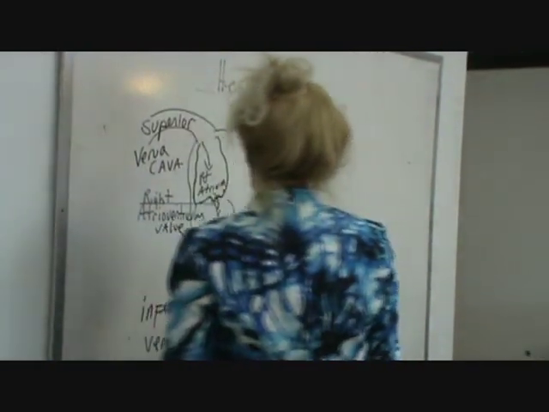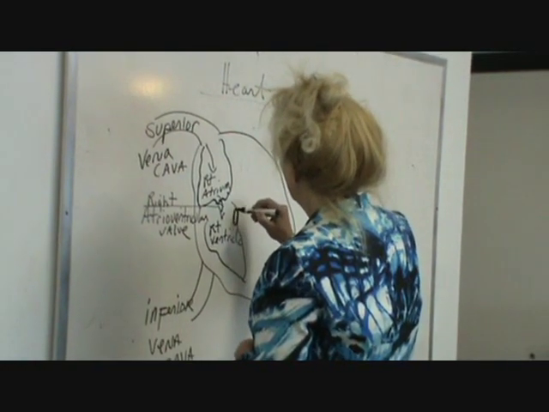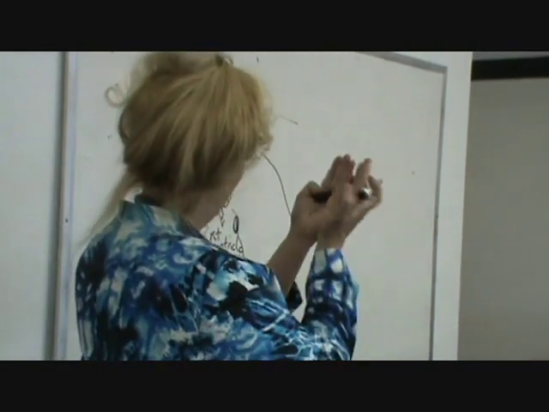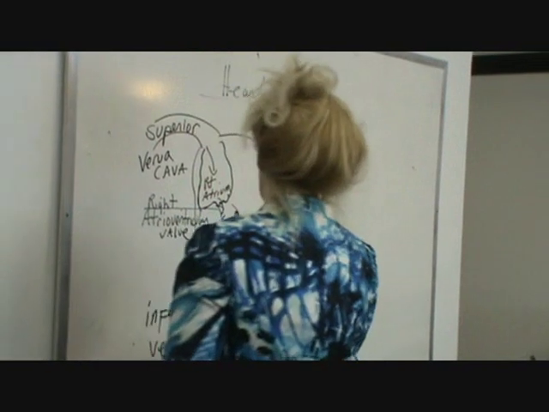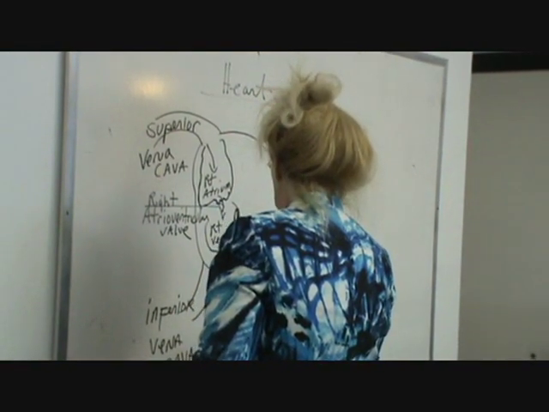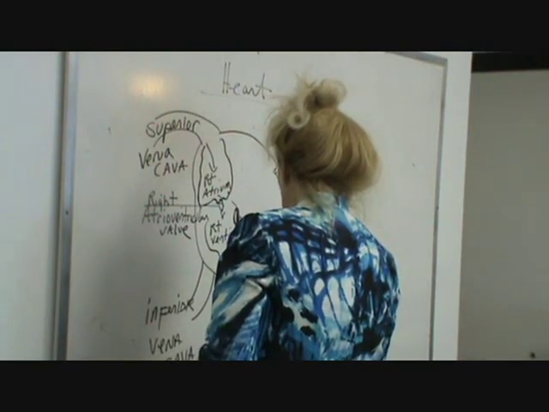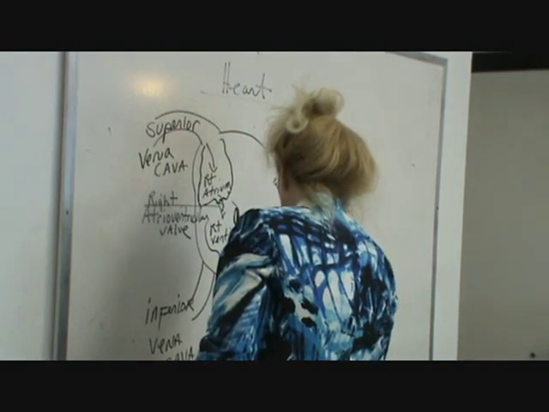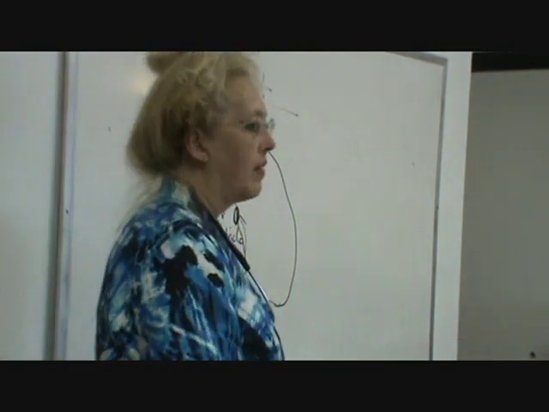Once inside the right ventricle, there's another valve here. Okay? And it's shaped like a half moon, and it opens and closes. This valve right here is called the pulmonary semilunar valve.